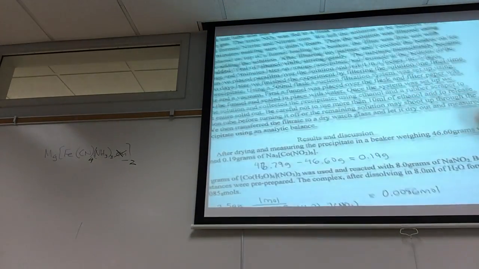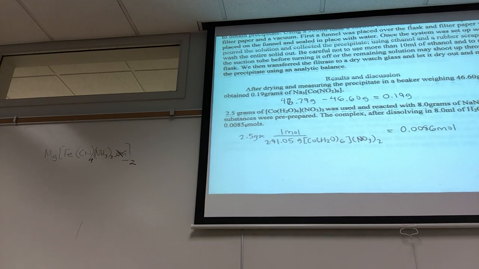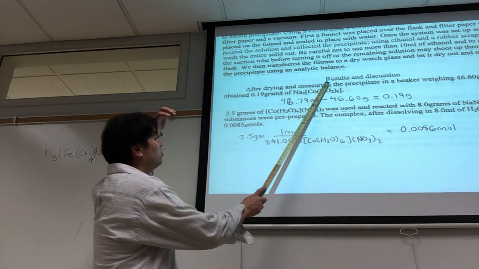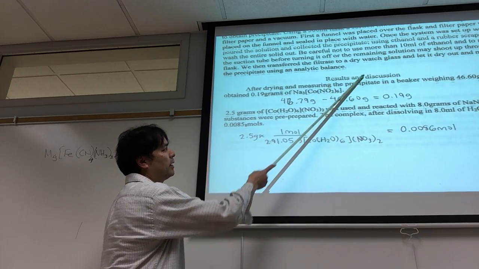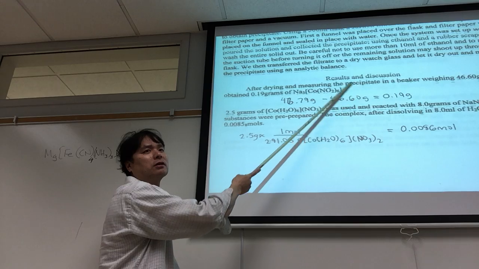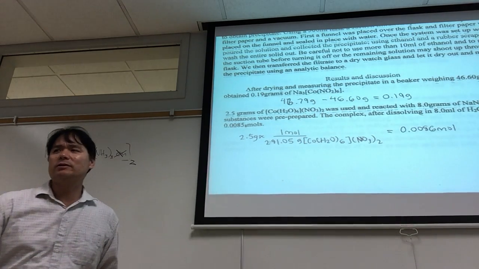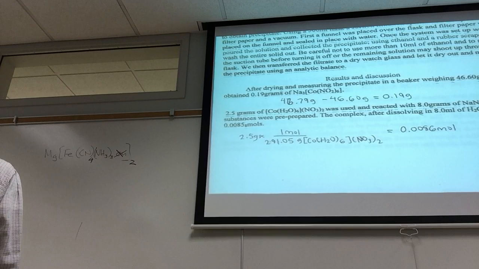All right, after the experimental section comes the results and discussion section. In normal papers, the results section is separate from the discussion section. Does anybody know what's the difference between the results section and the discussion section?